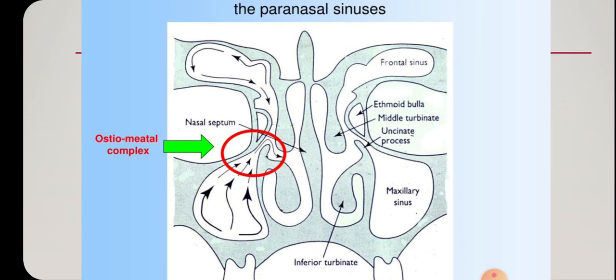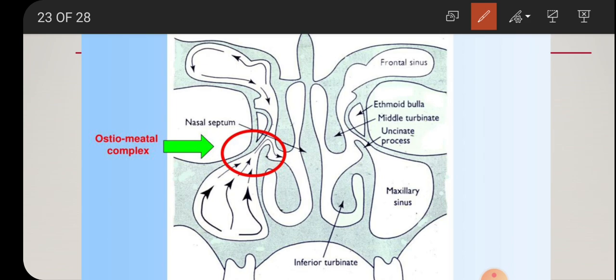So this area, which is marked green, is the osteomeatal complex. This is the coronal section. It's a line diagram of the paranasal air sinuses, where you can see all the sinuses. So this is the frontal air sinus, and this is the frontonasal duct, and this is the maxillary air sinus, which opens into the middle meatus, and this is the bulla ethmoidalis. Here the middle ethmoidal air sinus opens, and this elevation in the middle meatus is produced by this air sinus itself.